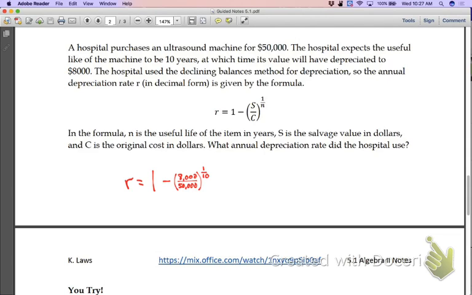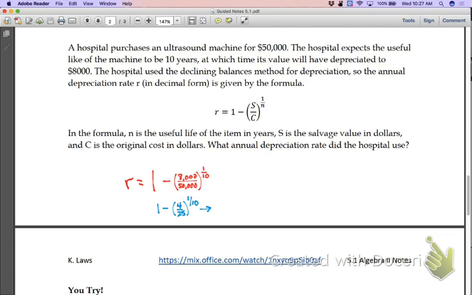Now, depending on how much work you need to show, I'm basically going to have 1 minus 8 over 50, which is 4 over 25, to the 1/10th power. Or you could type it in if you need to.